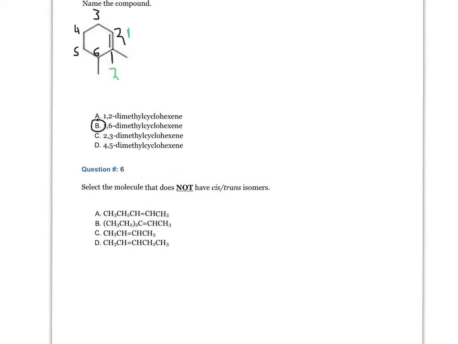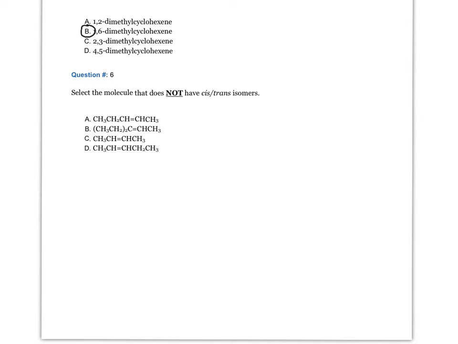Question number 6. Select the molecule that does not have cis-trans isomers. For this problem, it's useful to draw out the expanded condensed formulas. So this has 5 carbons in it.